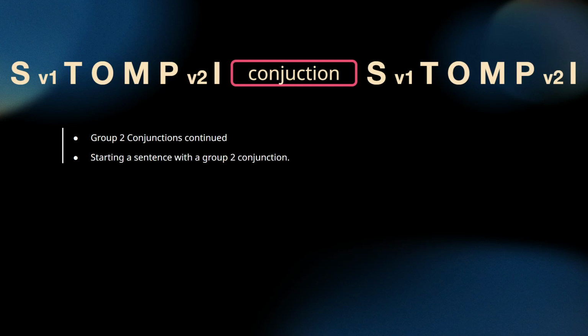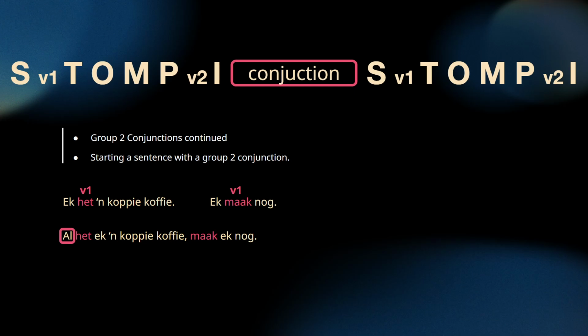All right, let's take a look at what we need to do when we begin a sentence with a group 2 conjunction. "Ek het 'n koppie koffie, ek maak nog." So I just initially identified the first verb in both of these sentences. I begin my sentence with the conjunction "al", even though. So my answer would be, even though I have a cup of coffee, I make more: "Al het ek 'n koppie koffie, maak ek nog."